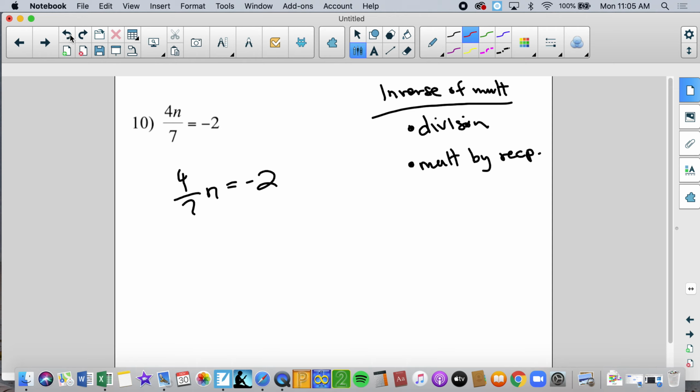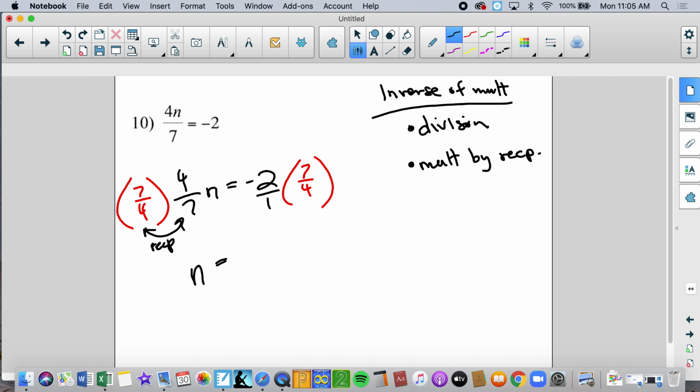We're going to use the inverse of multiplication as multiplying by the reciprocal. So we're going to multiply by the reciprocal of 4/7, which is 7/4. And we're going to do that. So we get n, because any number times its reciprocal is always going to equal 1, and that gets our variable by itself with a coefficient of 1.